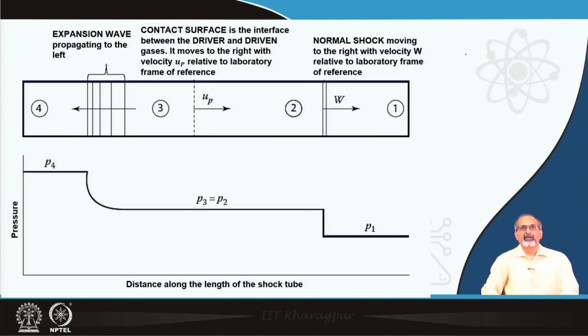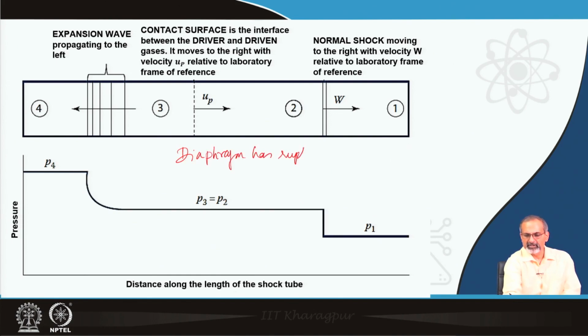So, it is good to have a look at it for a while. So, this is when the diaphragm has ruptured and you see a normal shock moving to the right with velocity w relative to the laboratory frame of reference. We had called these regions 1 and 4 in the beginning.